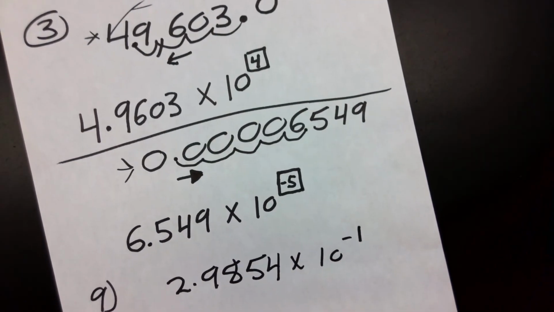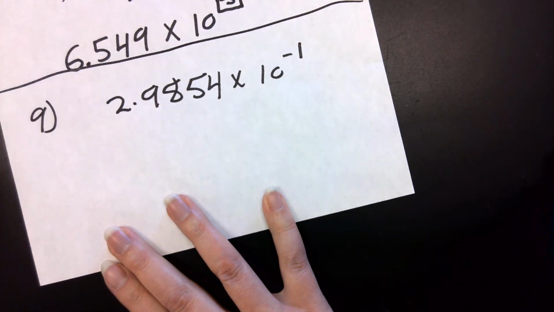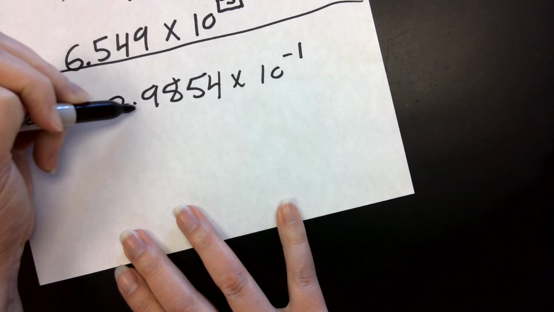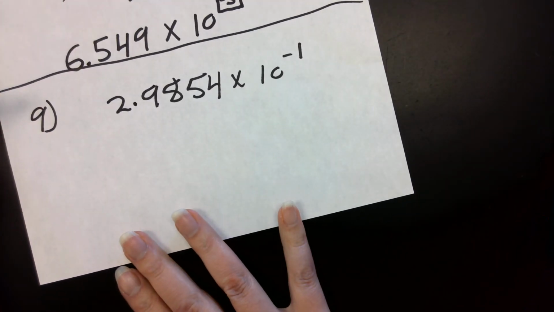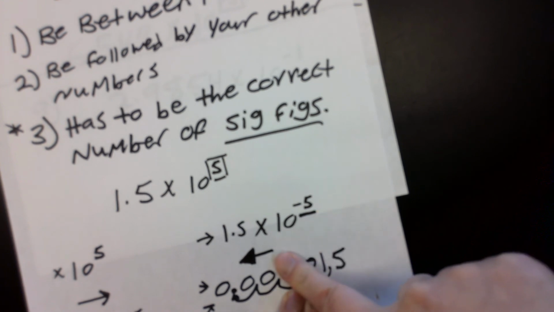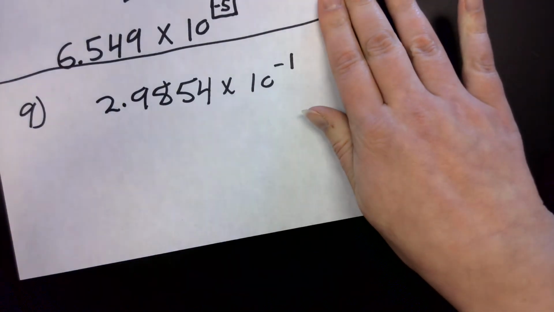Now, if we look at this number, we know that this is where we start, because here's our decimal point, and it's a negative. So according to our sheet, if it's a negative, we have to have our decimal go to the left.